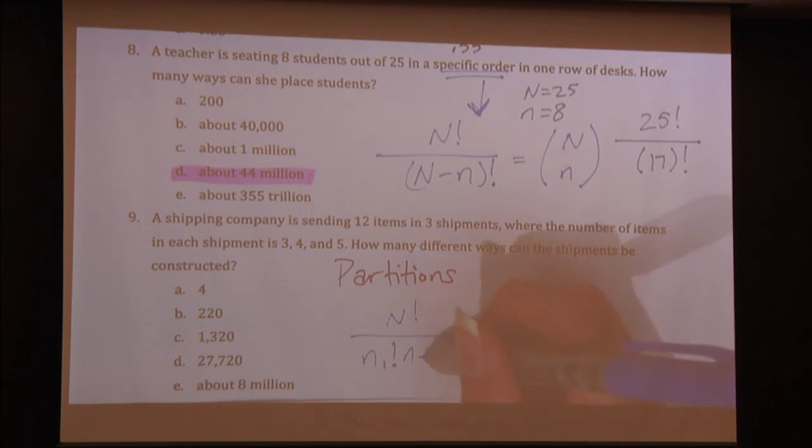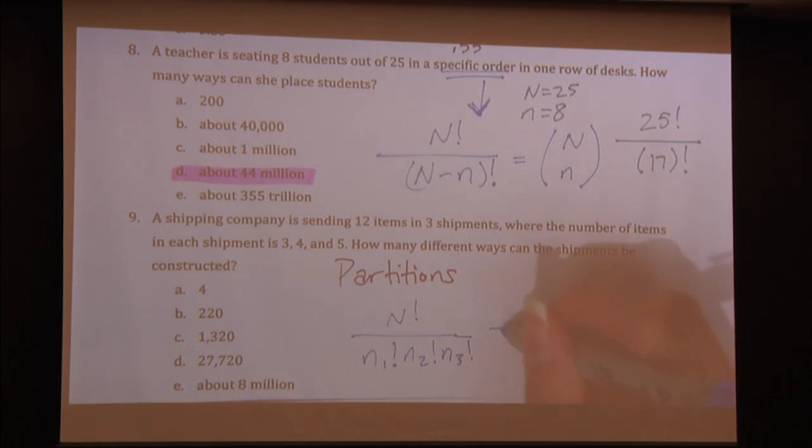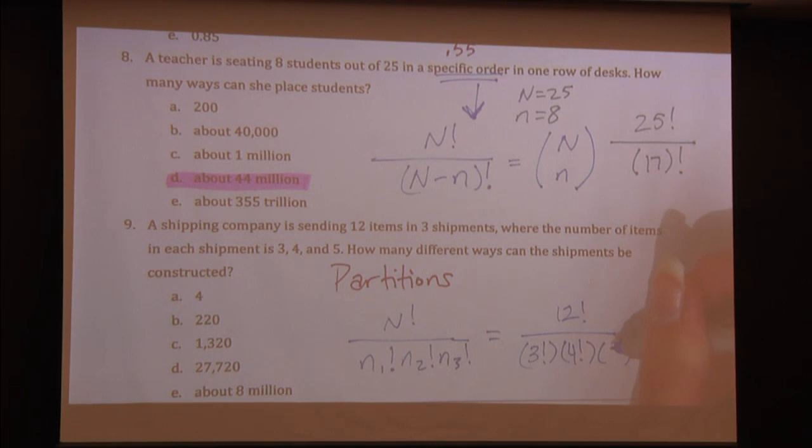So n1, n2, and n3. What do we plug in for big N? 12. What's our first n? What's our next n? 4. And so that would leave 5.